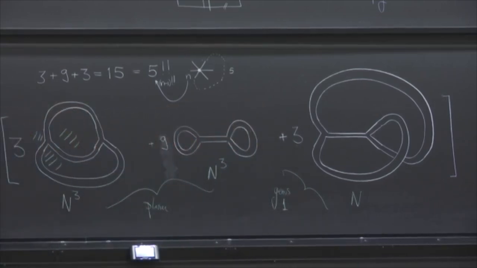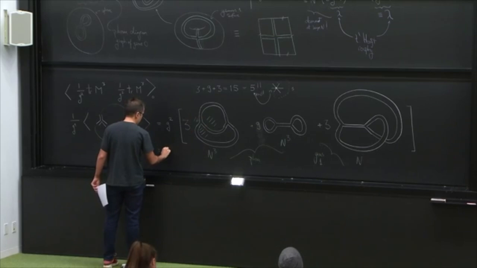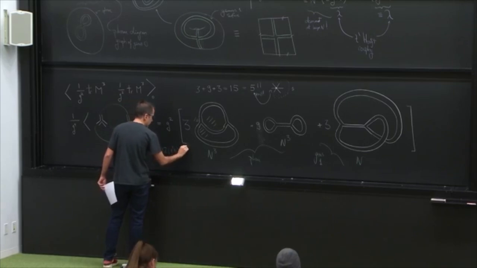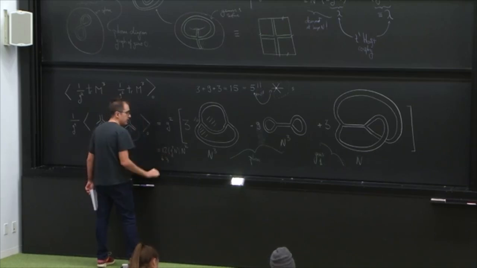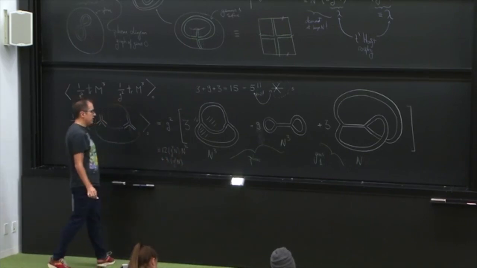And what we get in total, just to work it out, is that there are these diagrams, 9 plus 3 is 12. Let me write this: 12 times g squared N times N cube times N squared, plus 3 times g squared N as before.